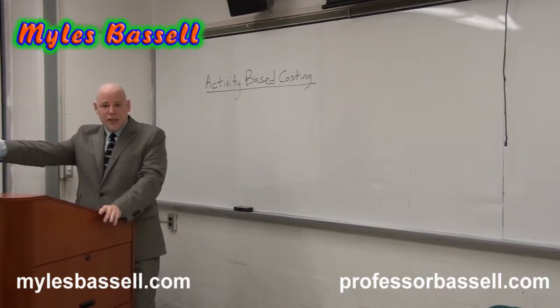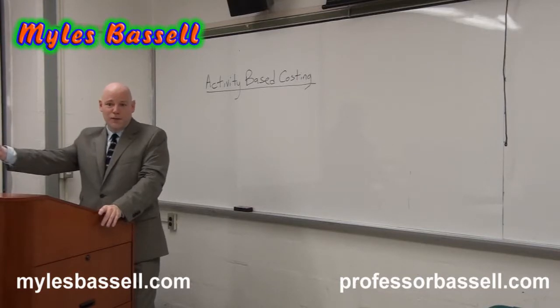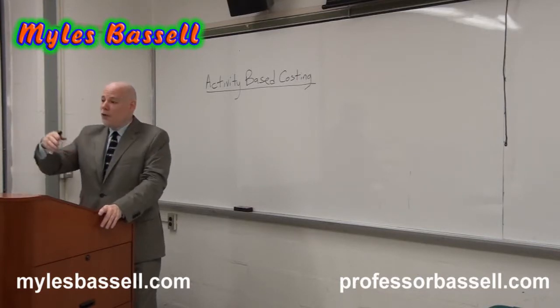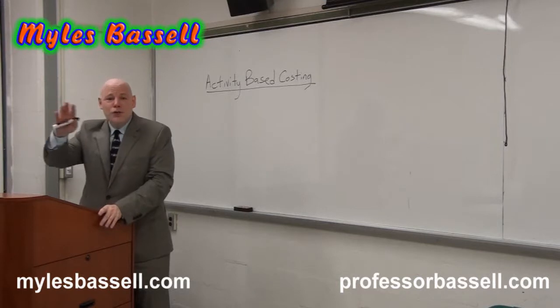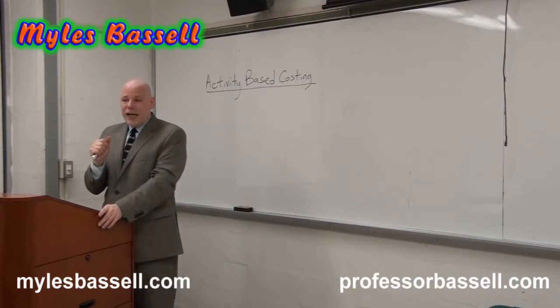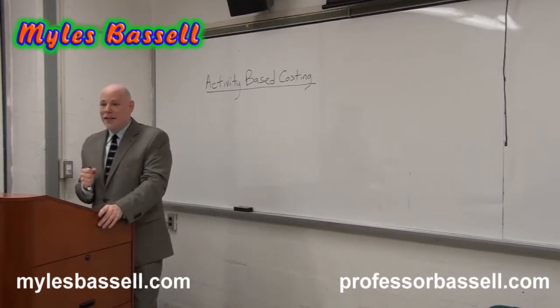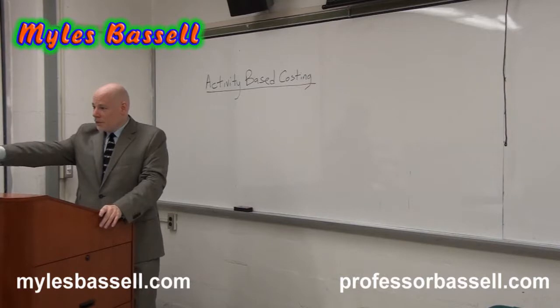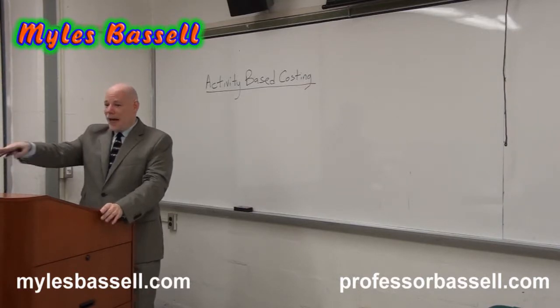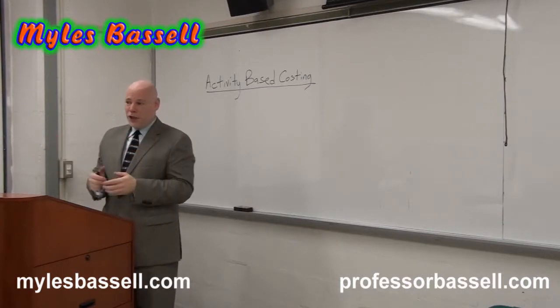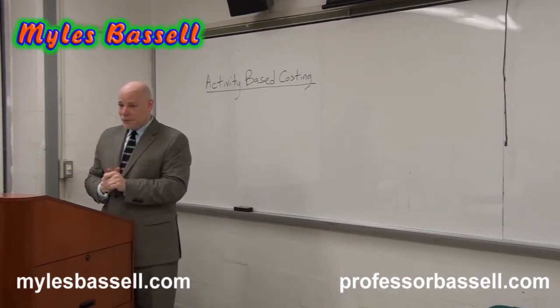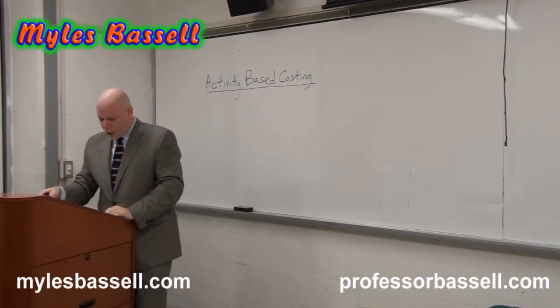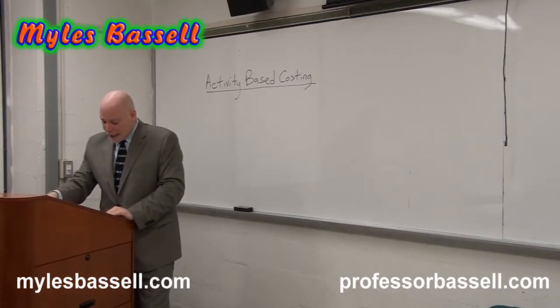Maybe what Jason is making is very labor intensive. So how could we say, if we say we're going to use machine hours as an allocation base, that means that Jason wouldn't get any allocation of the cost for janitors in the facility, and Yusuf is going to get a disproportionate amount. So that's what we're going to try and resolve today.